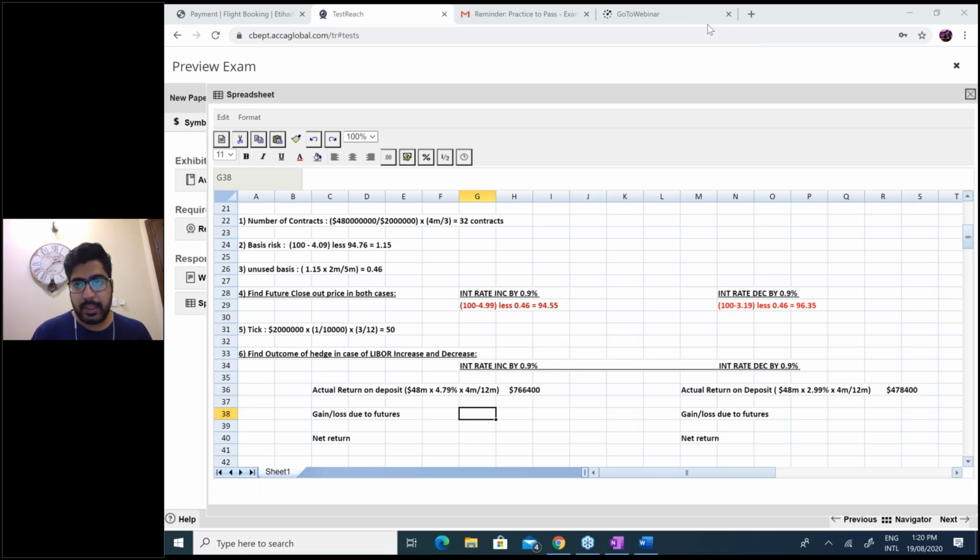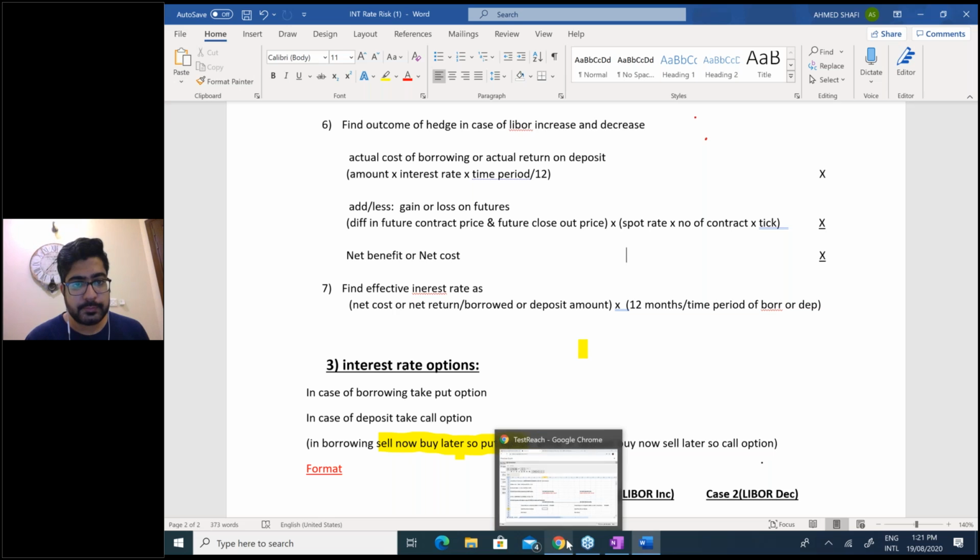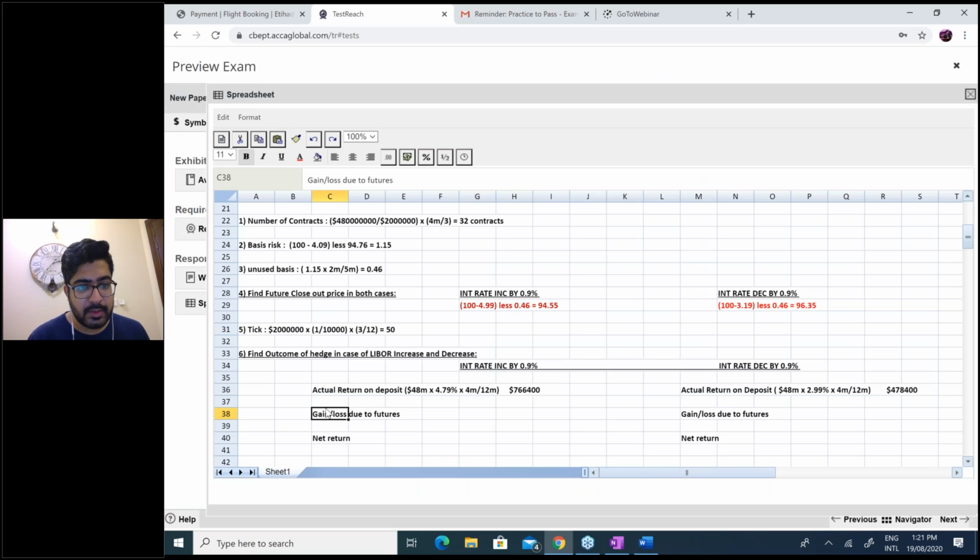Okay, so the last thing, gain or loss due to futures. Now look at the formula: it's the difference between futures contract price and futures closeout price, into spot, into number of contracts, into tick. Remember, you took futures of March.